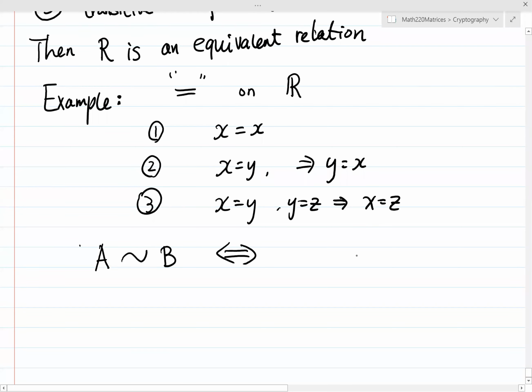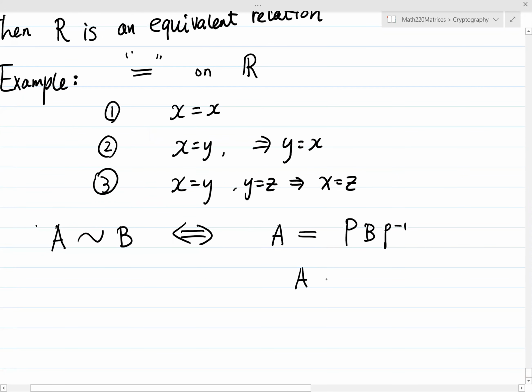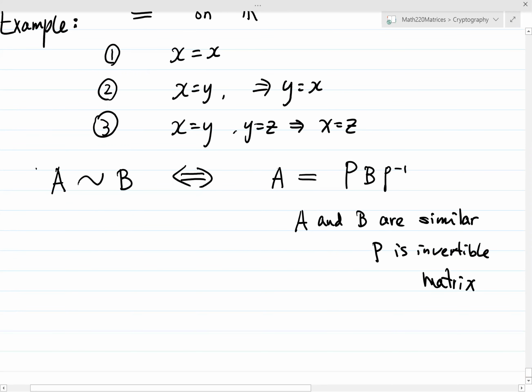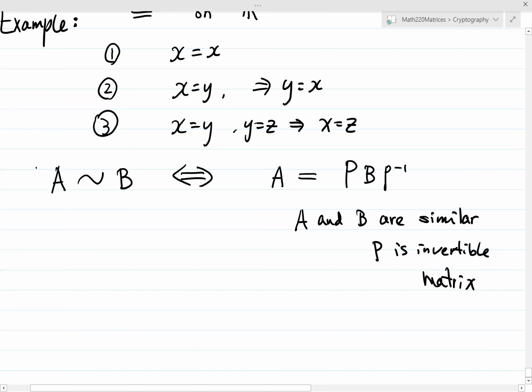A equals P B P inverse, so A and B are similar, where P is an invertible matrix. Suppose we are talking about n by n matrices. This is an equivalent relation.